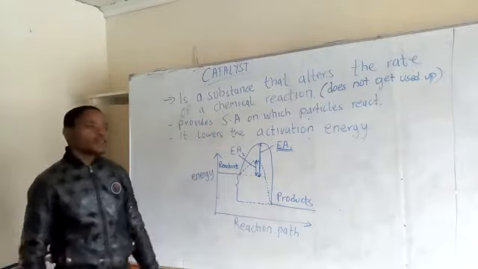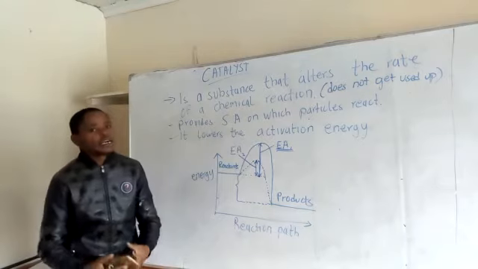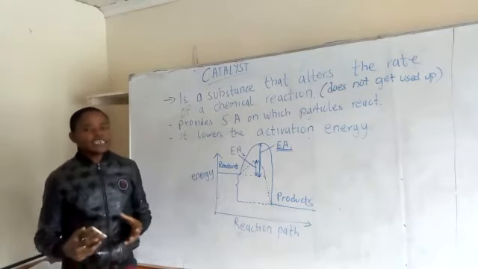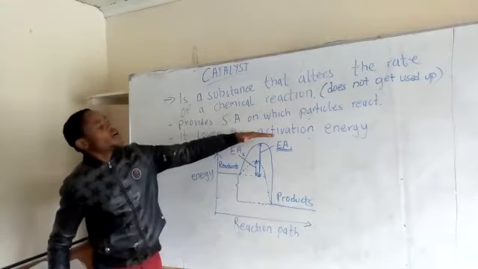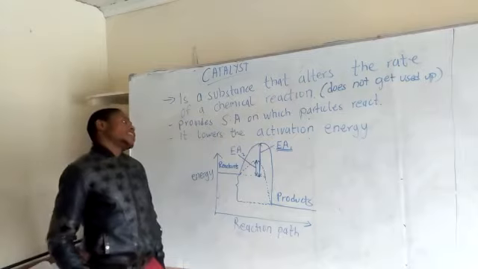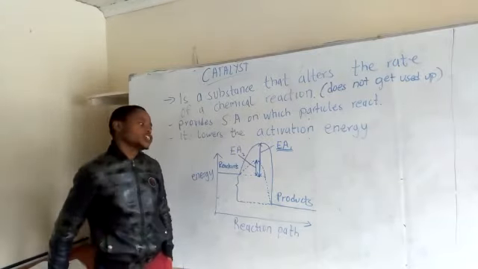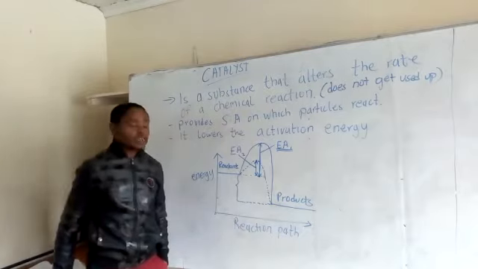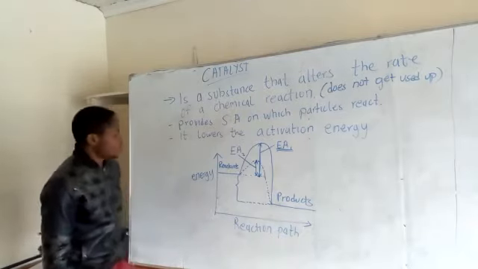If you still recall, we said in order for the reacting particles to combine, they must acquire some minimum energy, which we call the activation energy. And after they have acquired that energy, that's when they have the effective collisions and form the products. So catalysts normally lower the activation energy.